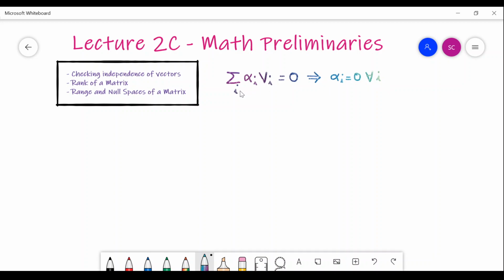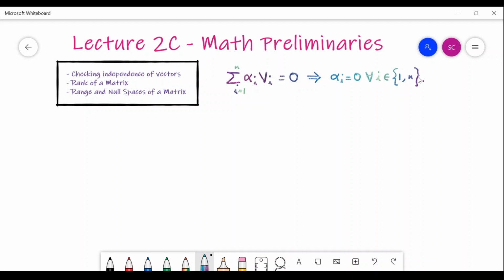So if it is from 1 to n, for all i in 1 to n. I am writing capital V for the vectors. So this is the condition to be checked algebraically.